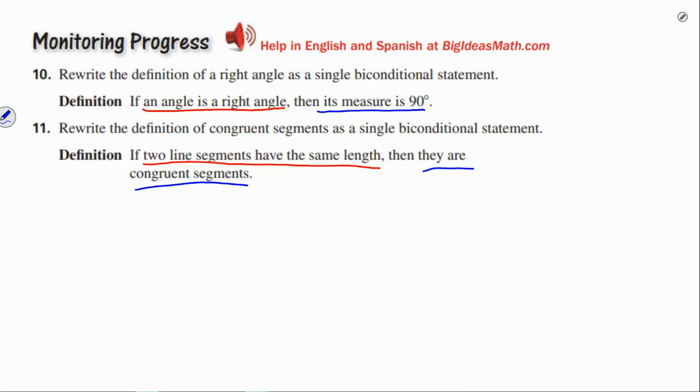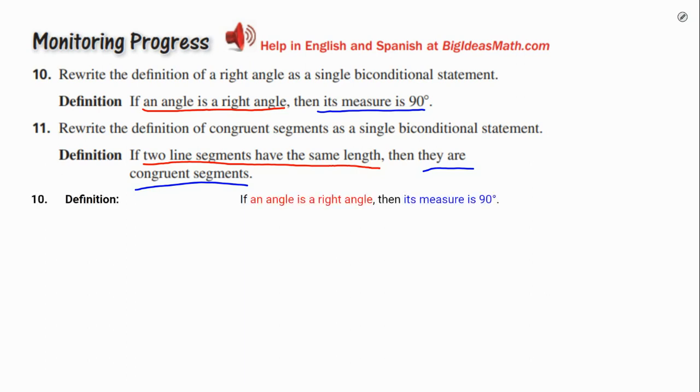All right, hopefully you had an opportunity to do that. We're going to go through and take a look at these. Looking at the right angle, the definition we started out with is: if an angle is a right angle, then its measure is 90 degrees. We can write the converse by flipping them around.